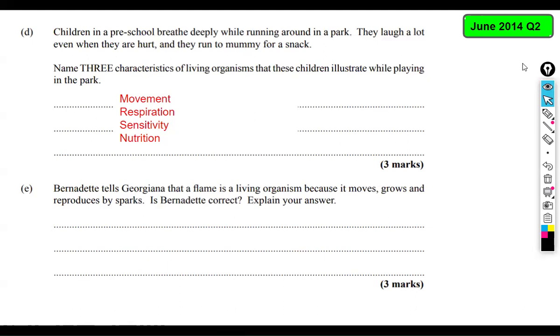A flame can grow, right? A flame can get larger and larger and larger. Also, all living things must eat. Well, you can put the idea forward that a flame also eats, because a flame needs what? Fuel.